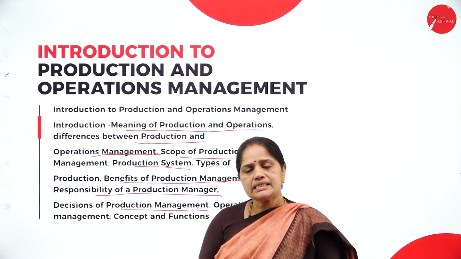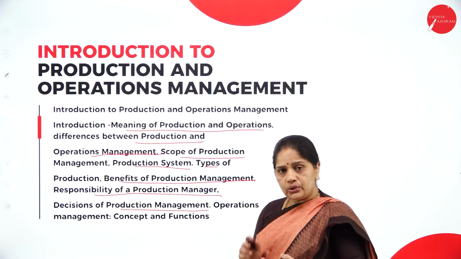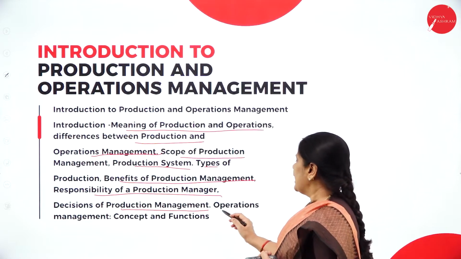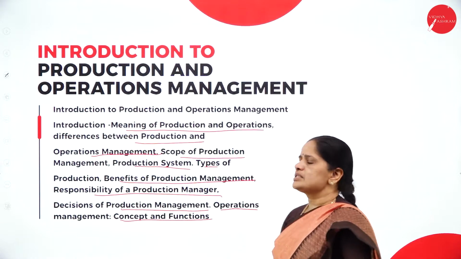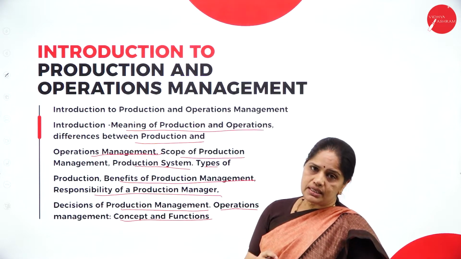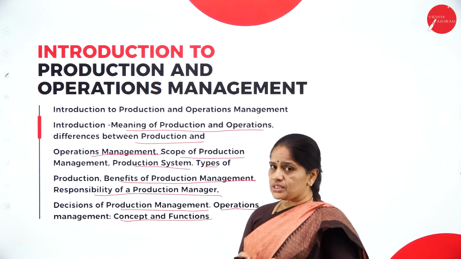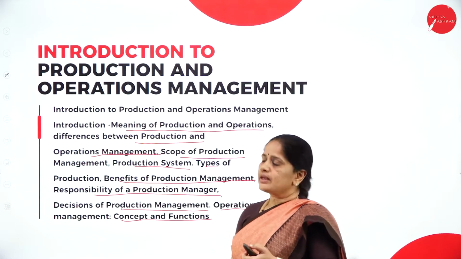How the decisions will be taken and what are the issues relating to each of the decisions, and then operations management concept and functions. What do we mean by operations management? What are the concepts and what are the functions? All this will be a part of Unit 1.